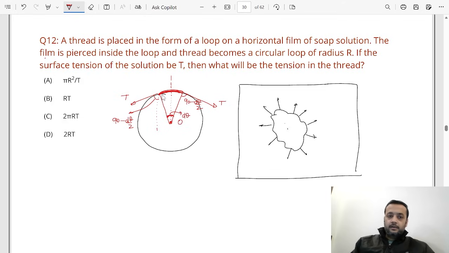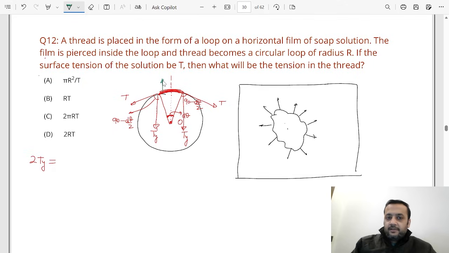Now if I look at the y component of the tension developed in the thread, this will be the y component of tension, and this will also be the y component of tension. These two T y are acting in the downward y direction on this small elemental loop. Now, which force will balance these two T y? That will be balanced by the upward going surface tension forces.